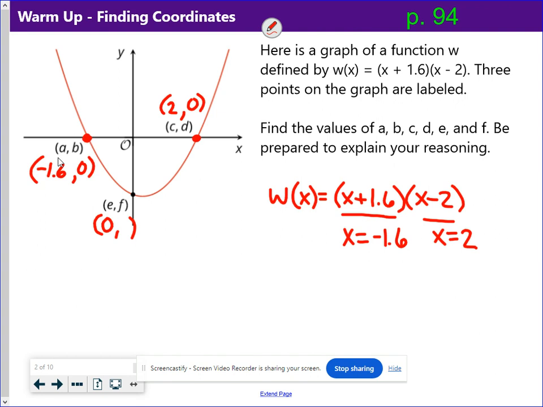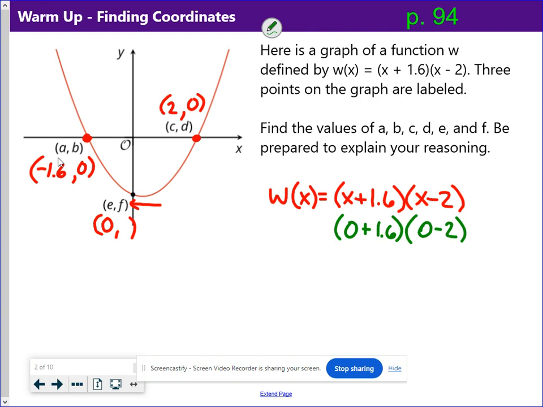To figure out what this last number is, that F right there, which happens to be the y-intercept, I know that the x part of that ordered pair is 0. So I just need to put a 0 in for the x's in my factors and figure out what the y would be. Remember that w of x is really equal to y, so I would put in 0 plus 1.6 and 0 minus 2.